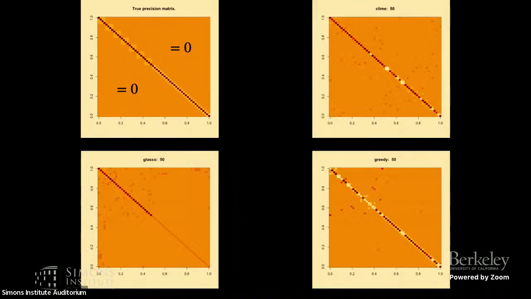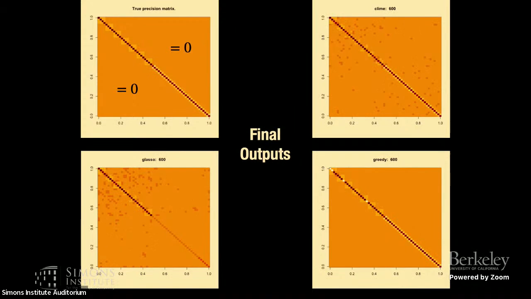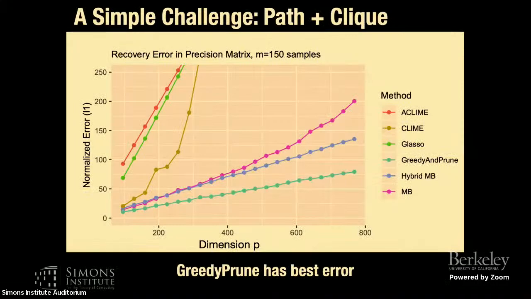When you run the algorithms, this is what happens. The greedy algorithm really recovers most of the graph exactly. The other algorithms have some non-zeros on the off diagonals. And you can plot this further and check how many samples each algorithm requires to identify the graph with reasonable certainty. By changing the intensity along the cliques, you can defeat all the other algorithms.